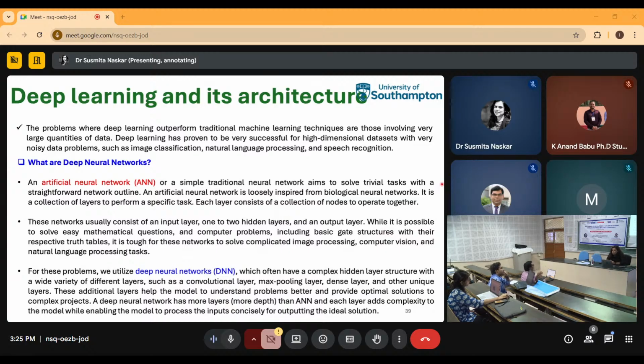Now if you look into the DNN, you can see this deeper architecture allows the network to learn hierarchical representations of the data from very simple features. A DNN can often include a wide variety of specialized layers such as convolutional layers, max pooling layers, and dense layers. Each of these additional layers adds some complexity to your model, but with that they also improve the model's ability to understand the data.